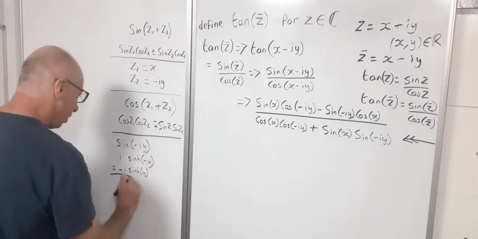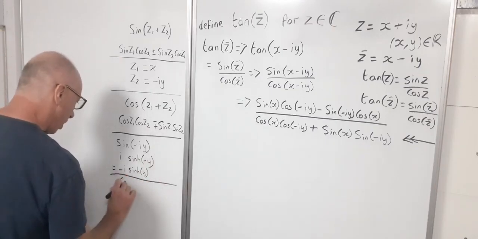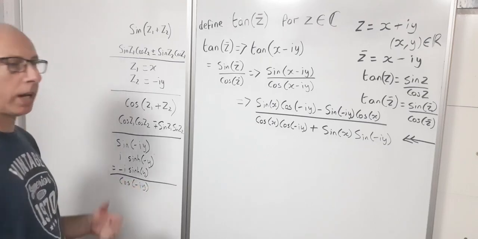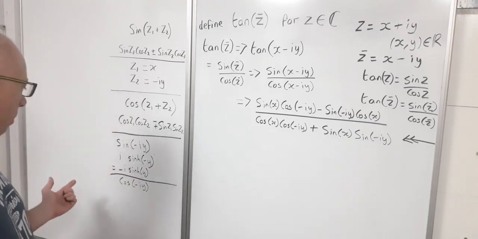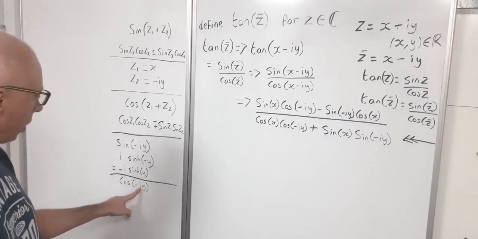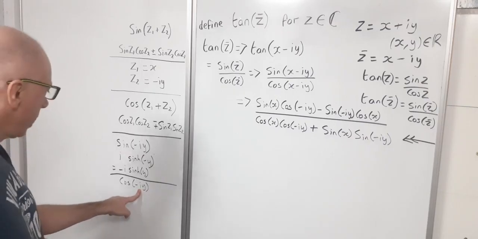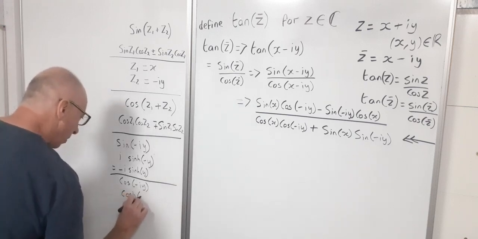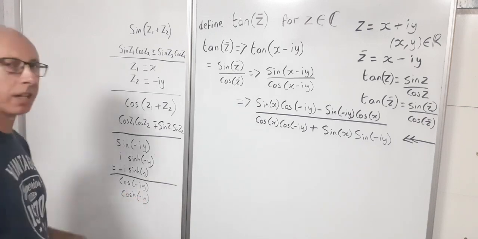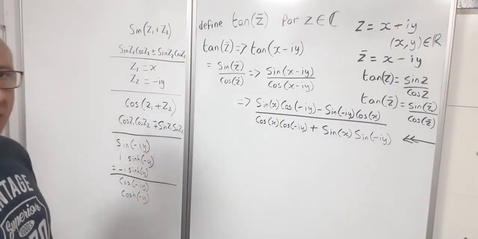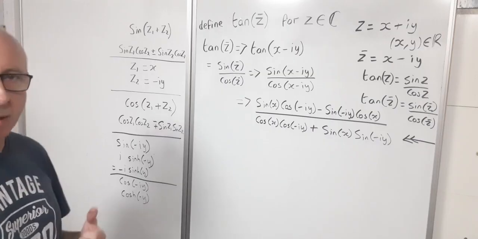Now let's have a look at the cosine. So cosine of minus IY. Where does that take me? Well, as I've got cosine of minus IY, I can turn that into cosh and I lose the I. So now I've got cosh of minus y. So that takes care of that. And as it's cosh, and I've got minus on the input, I can now just lose that minus because they're both the same.